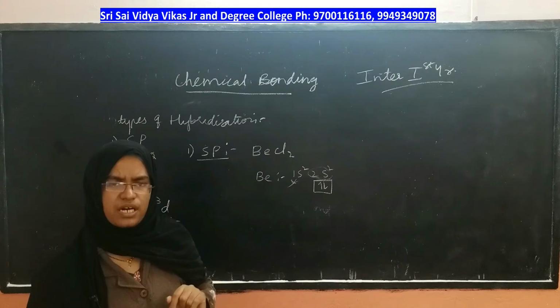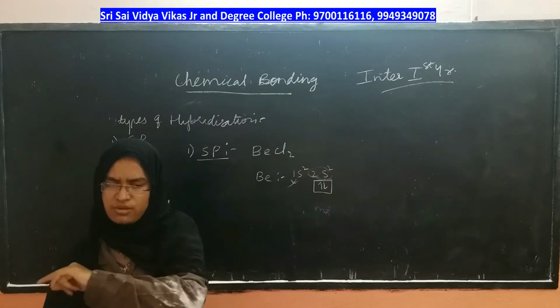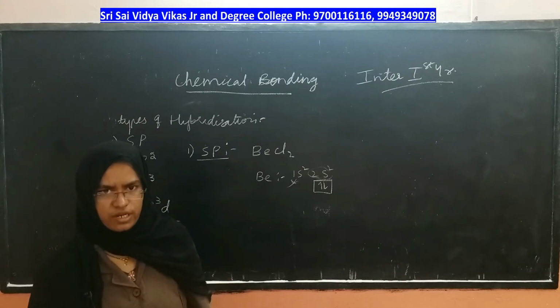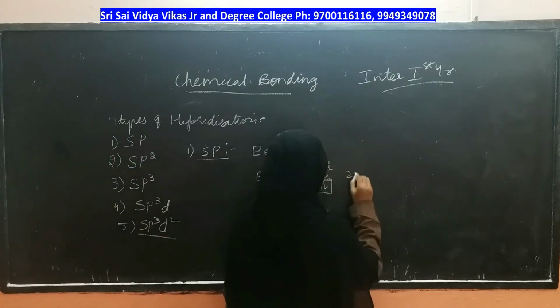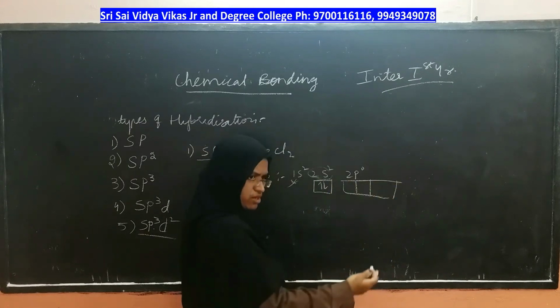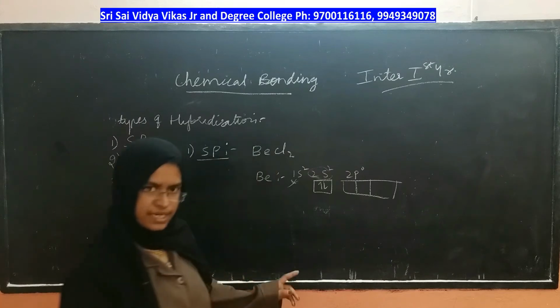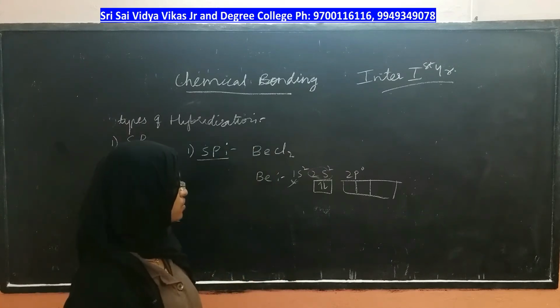Only one orbital. How can it overlap with this chlorine as well as this chlorine? It cannot overlap. So what does it have to do? It has to take the help of one orbital from p. There are p orbitals which are empty, but they are there. So what will beryllium do?